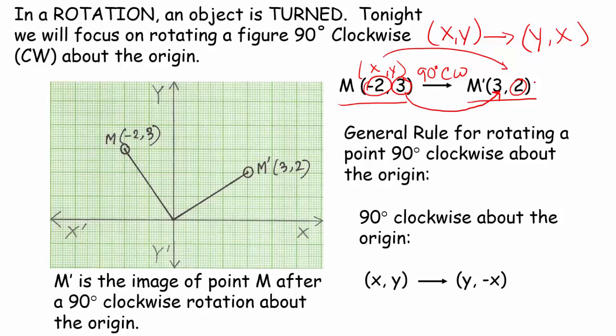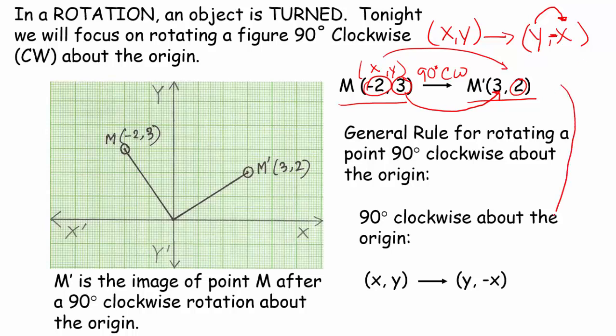Well, that's going to be the second part of my rule. How do I remember how to switch the sign on a coordinate? Well, because this is a 90 degrees clockwise rotation and I'm moving to the right, notice my arrow is pointing to the X coordinate here after I've switched them. So that means I will change the sign on that coordinate.